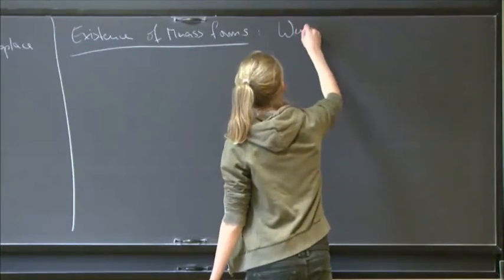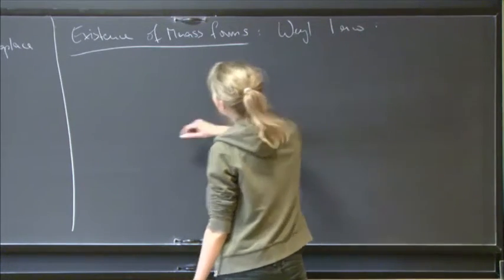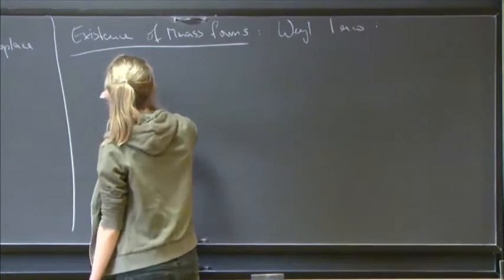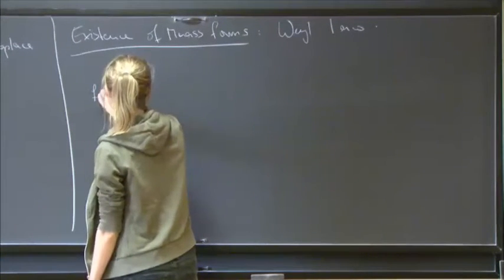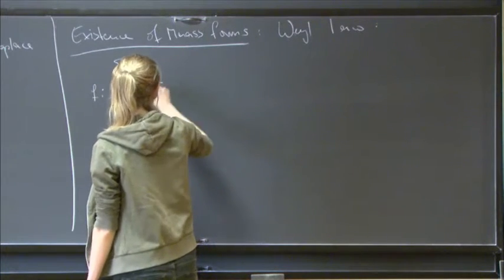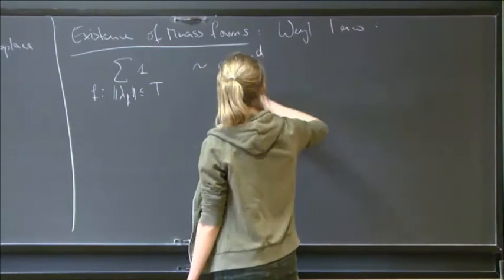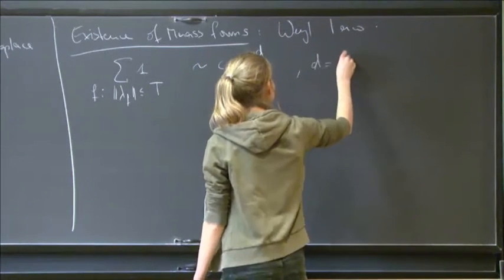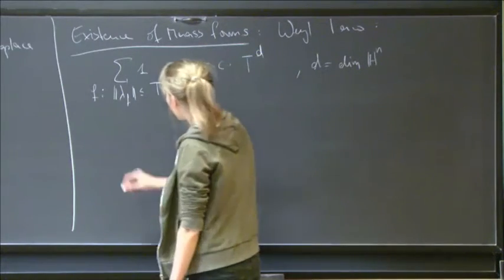We have the Weyl law, which tells us that the number of Maass forms whose eigenvalue is bounded by some t is asymptotic to some constant times t^d, where d is the dimension of H_n.